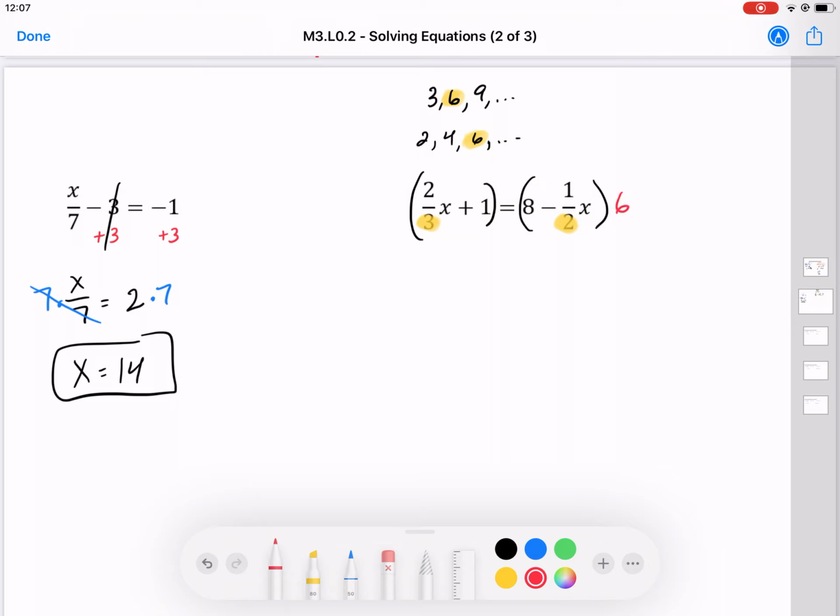Okay, so 2/3 times 6, just as a review of how to do fractions, I would change the 6 to 6/1, and then you just multiply straight across. So 6 times 2 is 12, 3 times 1 is 3, 12 divided by 3 is 4. So on this first one, you'd get 4x. The next one, 6 times 1, that's super easy.